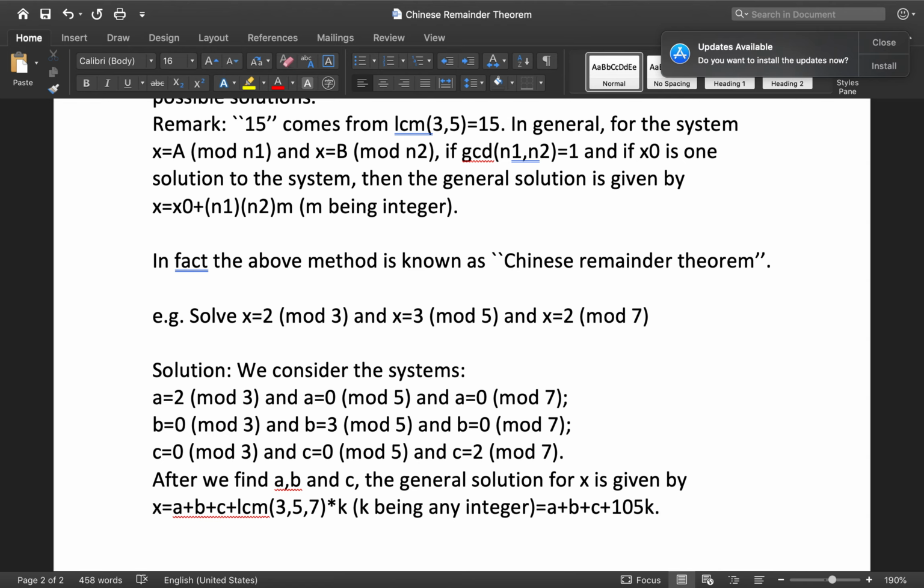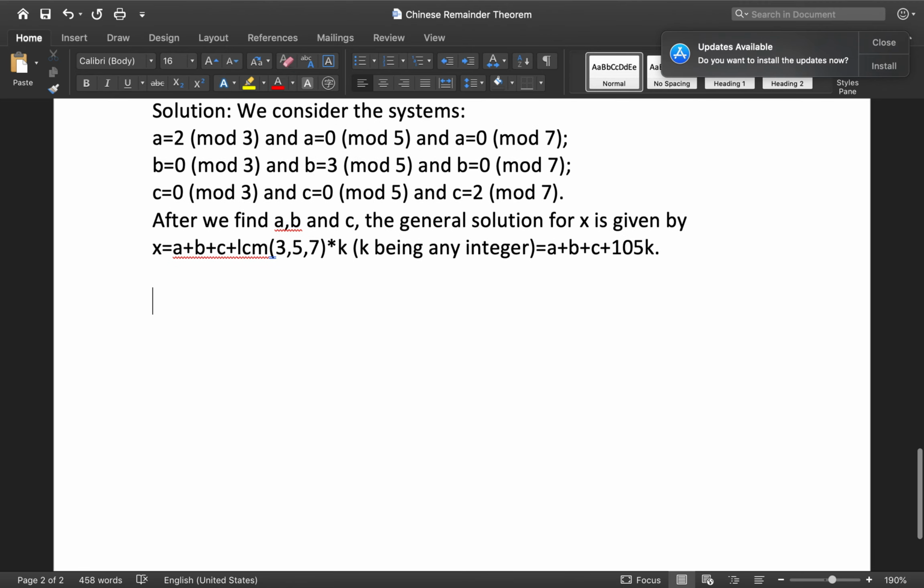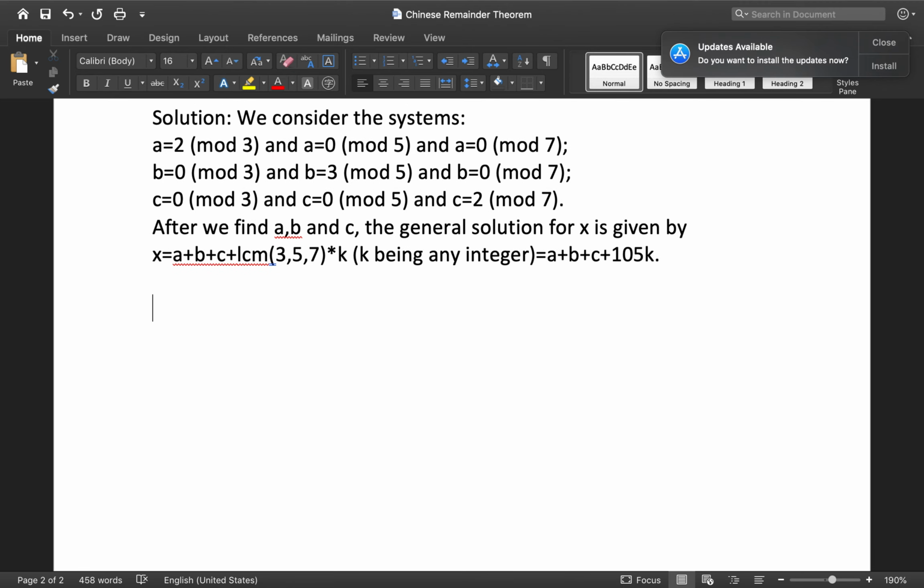That is the general solution. So how can you get a, b, and c? Well, again, the method is similar to the case for two linear equations. In fact, if you understand the method for finding a, then b and c are just similar. So let's start with a.